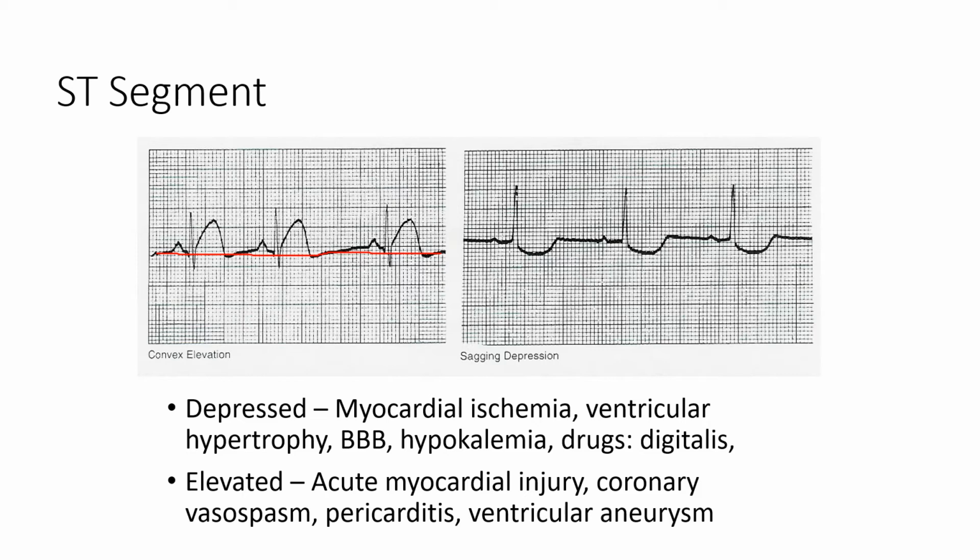If that pericardium becomes inflamed or fluid accumulates between the pericardium and the epicardium and covers those coronary arteries, it actually can compress those coronary arteries and decrease perfusion to the heart. So therefore it can show ST elevations on a 12-lead EKG. Also, a ventricular aneurysm can cause ST elevations, and it's usually because the coronary arteries are not perfusing.